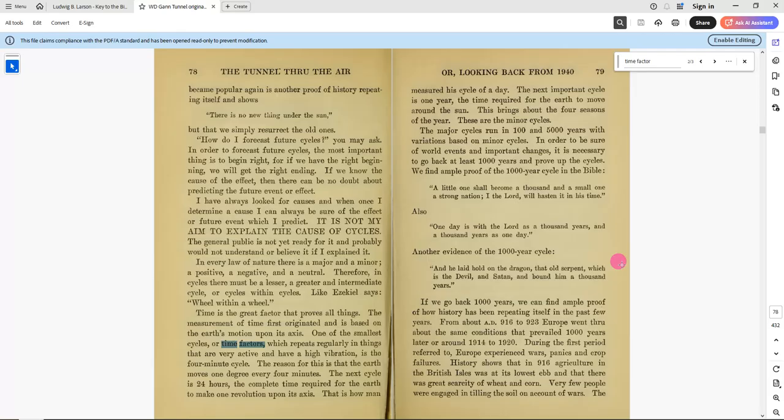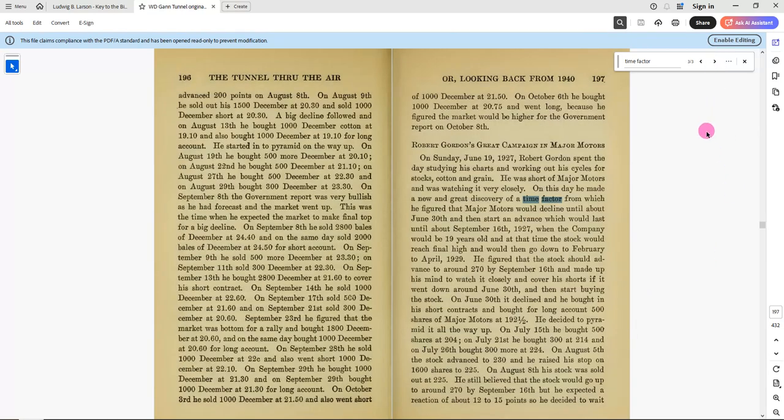Important point there. Then the last time he mentions the word time factor is when he talks about his new and great discovery on major motors. Okay, so that is really important.